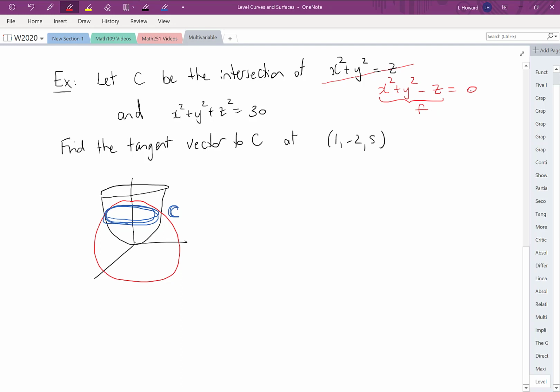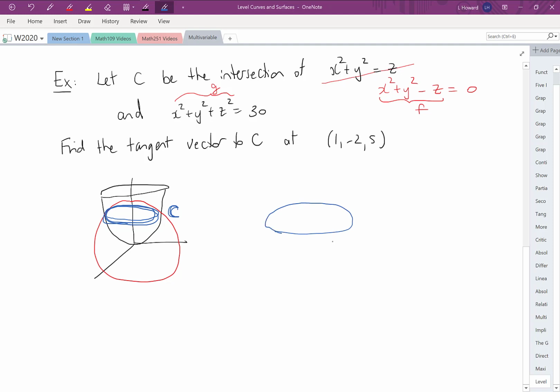Now we've got f equal to a constant, so that's a level surface. This one here is good to go. We'll just call the stuff on the left side g, so then we've got g equal to a constant. Again, that's a level surface. So the idea of what we're going to do here, I think we'll zoom in on our curve C and make a plan.